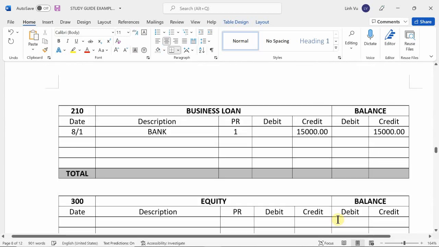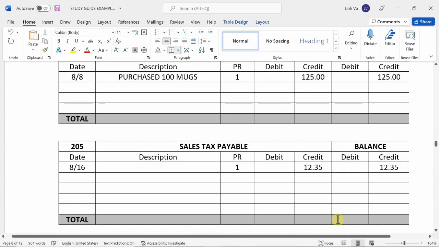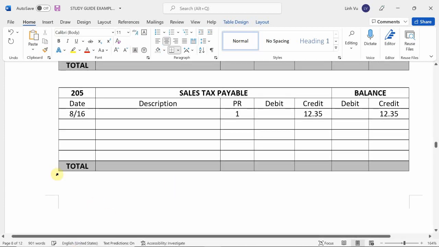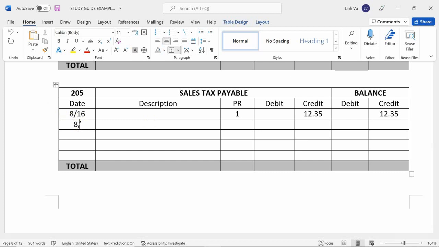We also have to give a portion of the sales tax money back. We have to give back $1.48.